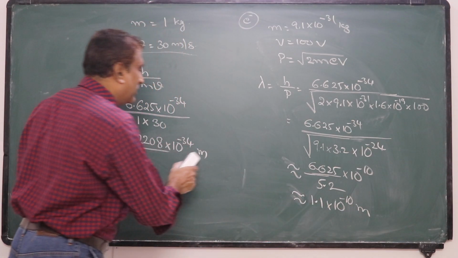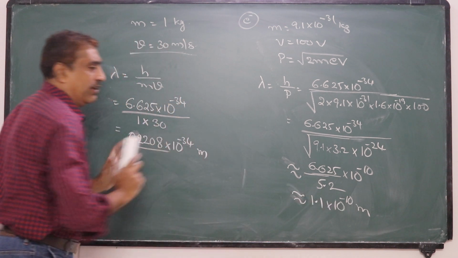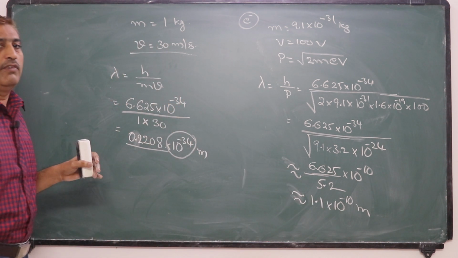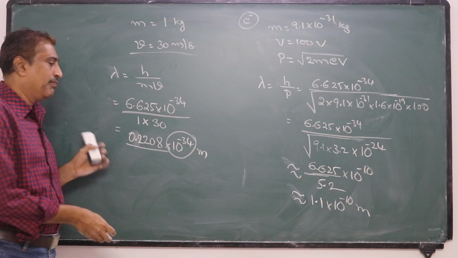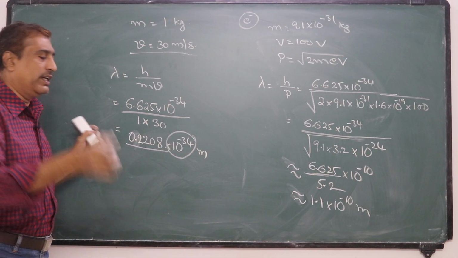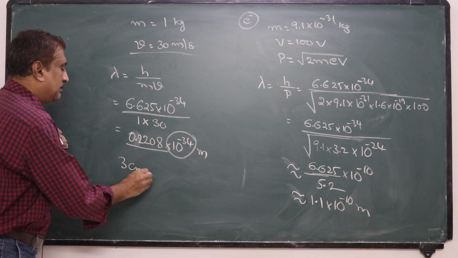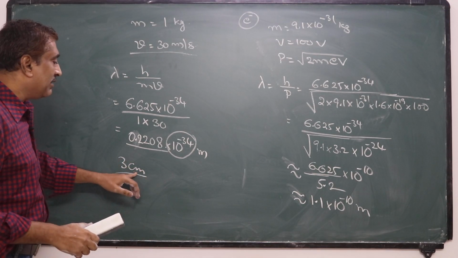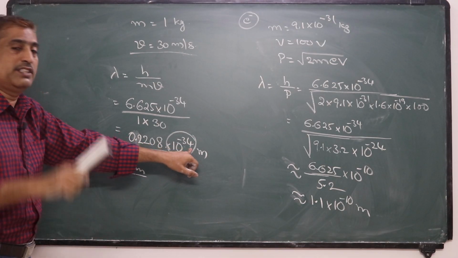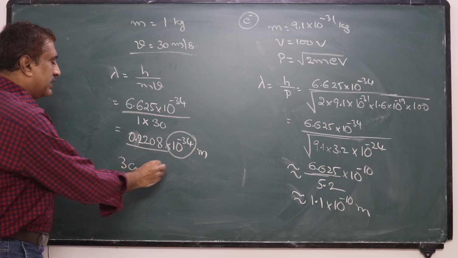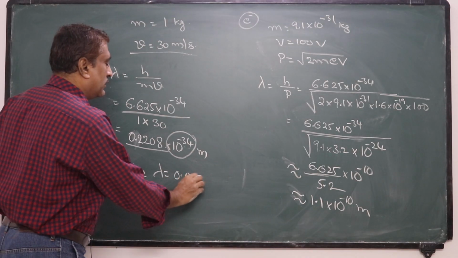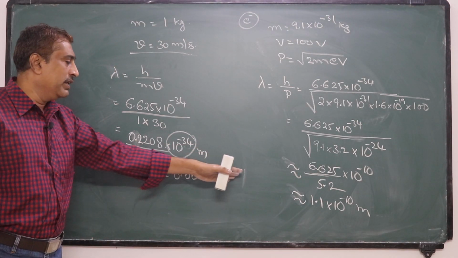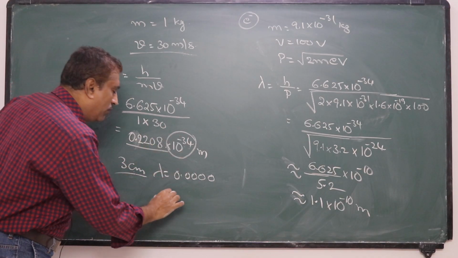If you compare these two wavelengths, 10 to the power minus 34 compared with the size of the body, suppose the radius of the ball is 3 centimeter, is a very small quantity. Its wavelength is 0.00000034, up to 34 places, a very, very low value.